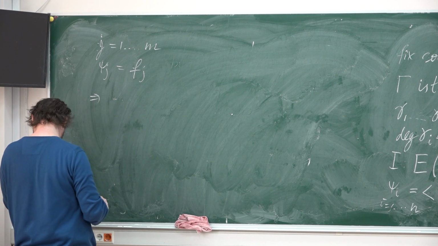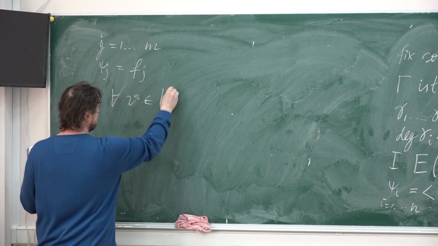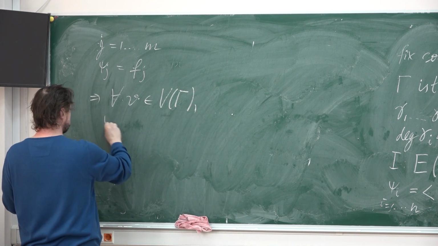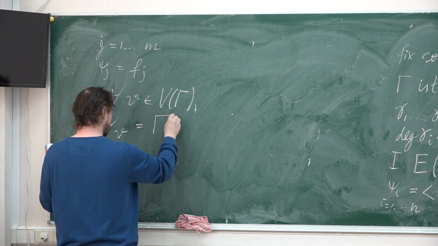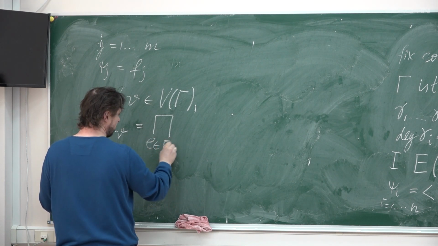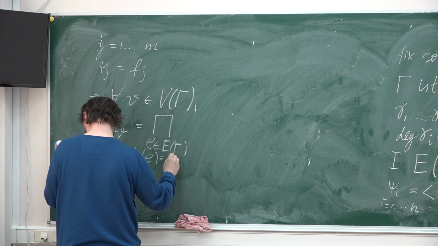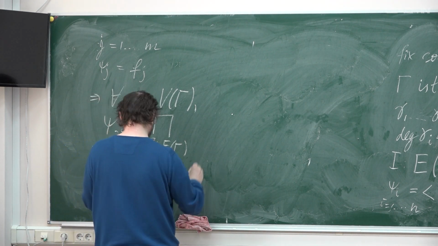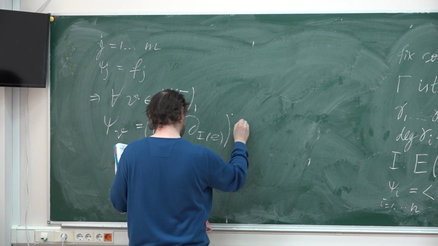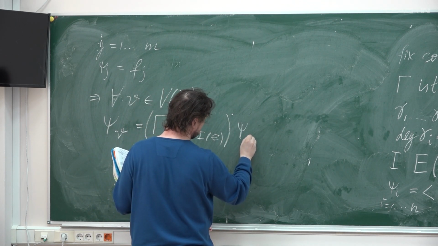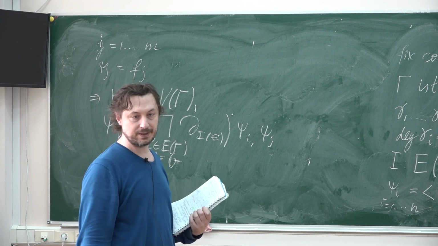And we put, finally, for all vertices in gamma, psi of this vertex equal to the product for all edges which enter this vertex, target of E equal to V, of D, I, E applied to psi i or psi j, depending on whether this vertex is of the first type or the second type.